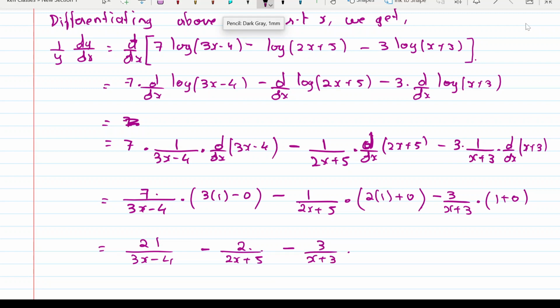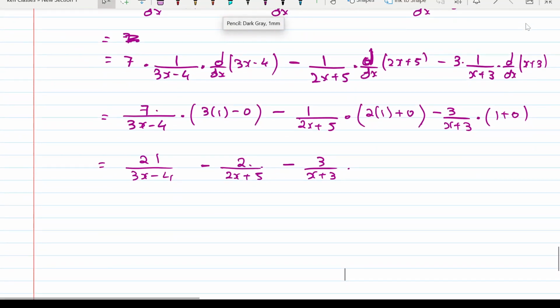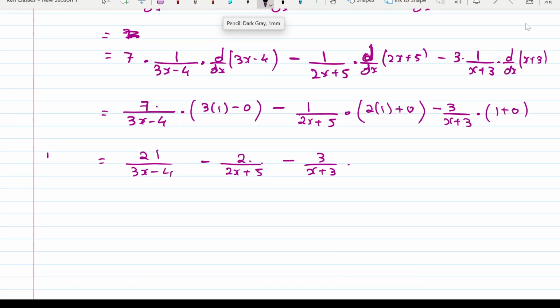When you go home, practice this problem trying to do it orally. Okay, 1 upon y dy by dx. Take any problem like this and solve it orally. Like this one is there, it is a bit hard, but it's log x raised to x. So you have to consider log y is equal to log of (log x) raised to x. So it's x into log of log x.